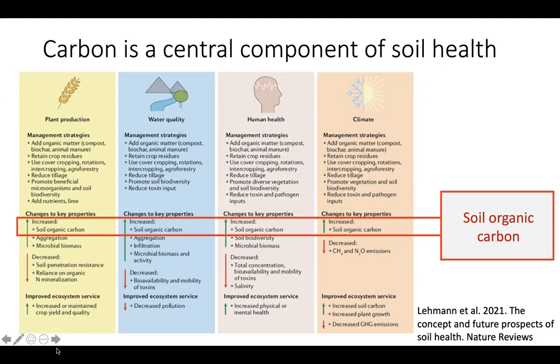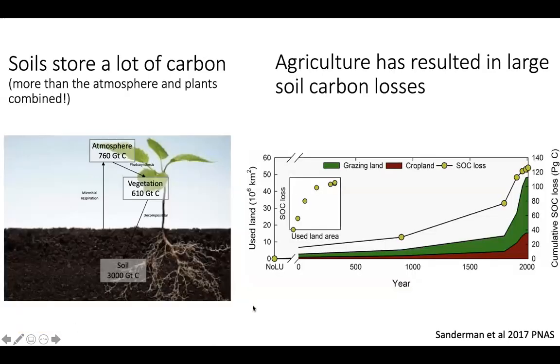So that's one reason why the focus is on soil carbon in particular. And there's also, like we saw from the Healthy Soils program through California, an implication for regulation of the Earth's climate. We know that soils play a really important role on the global scale for regulating our Earth's climate. Soils store a lot of carbon, more than all of the carbon in the atmosphere and plants combined.